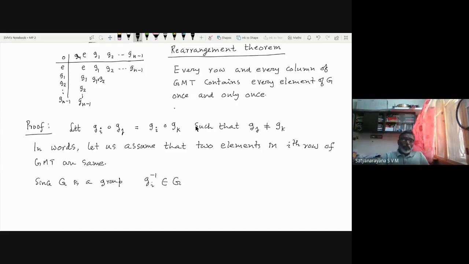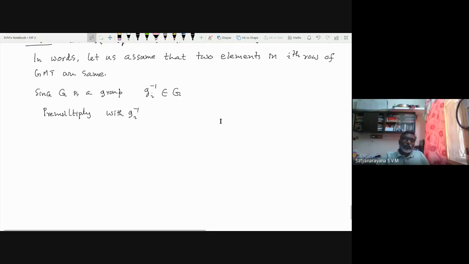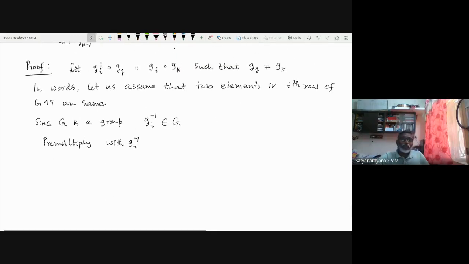Now pre-multiply, that is, pre-operate, with Gi inverse. We will have Gi inverse composed with Gi composed with Gj is equal to Gi inverse composed with Gi composed with Gk.